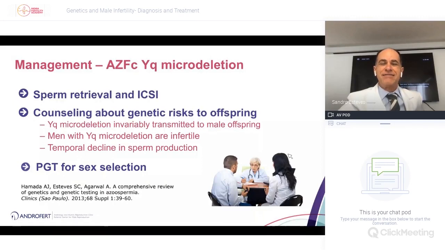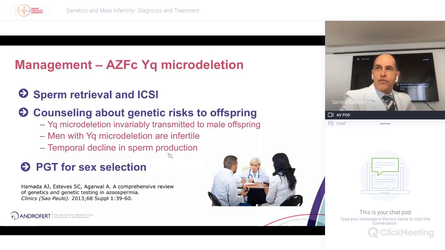The other important thing is that some patients with severe oligozoospermia harboring AZFc Y chromosome microdeletion might have a temporal decline in sperm production. For instance, I have seen some young adult patients with AZFc Y chromosome microdeletion in which the sperm count is very low, less than 1 million per ml.